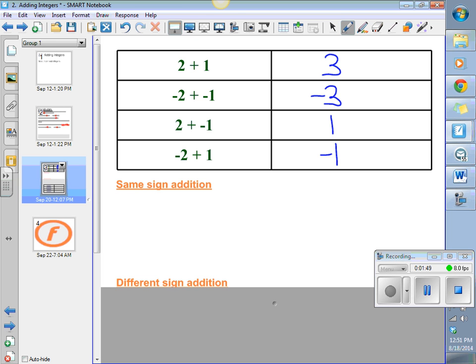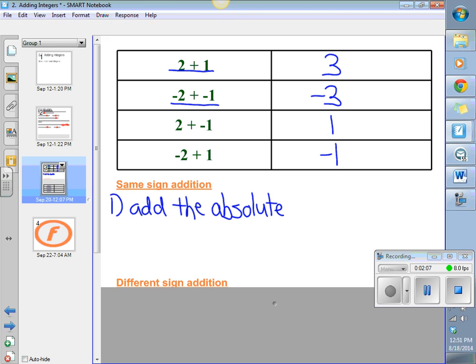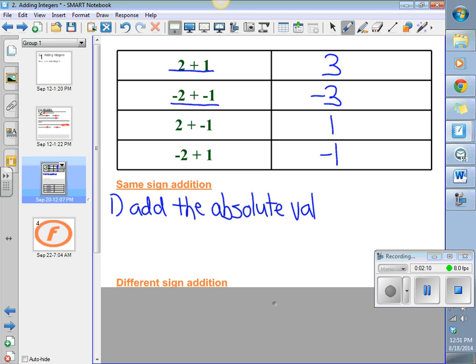Same sign addition. So 2 plus 1 and negative 2 plus negative 1 are same sign addition problems: 2 positives, 2 negatives. First, we add the absolute values of those numbers, a term from yesterday's lesson. Then we apply the shared sign to the final answer.